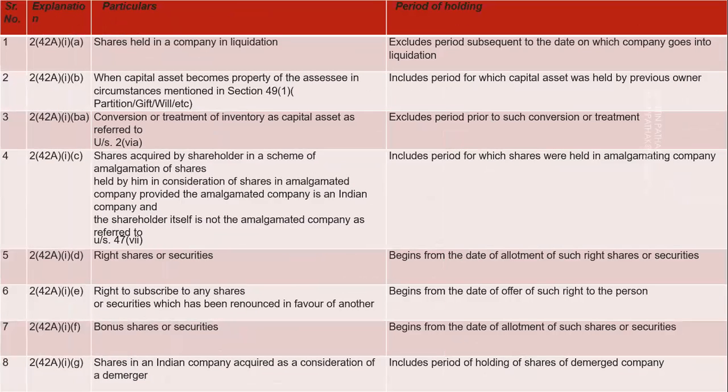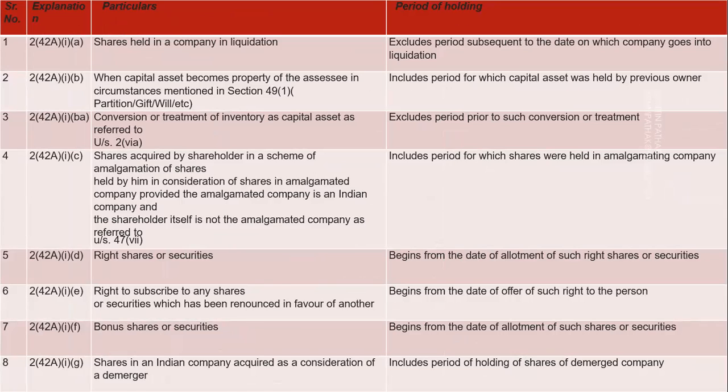Here now I am going into a very different presentation, where I've gone into value on shares held in case of a liquidation. The date on which liquidation would happen, the period will not be reckoned for the purpose of considering long-term or short-term or indexation.